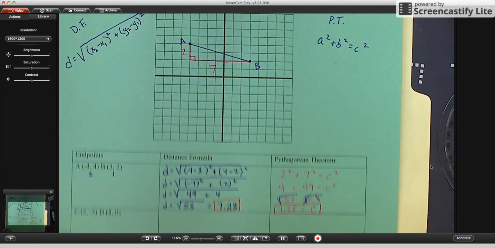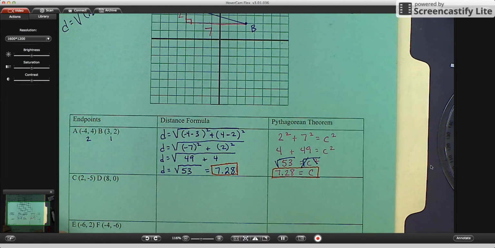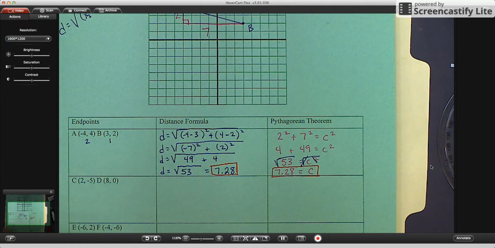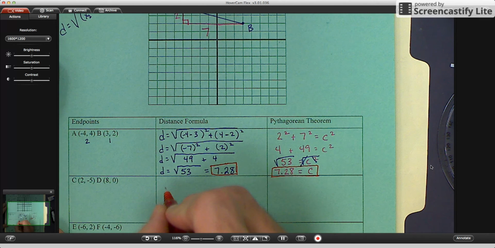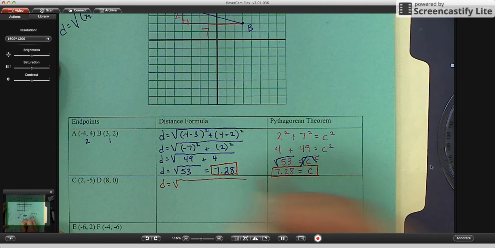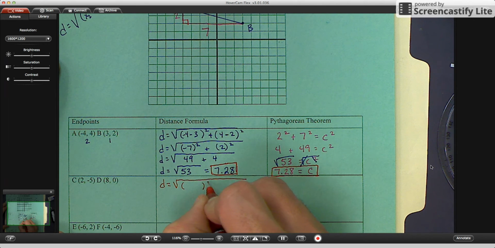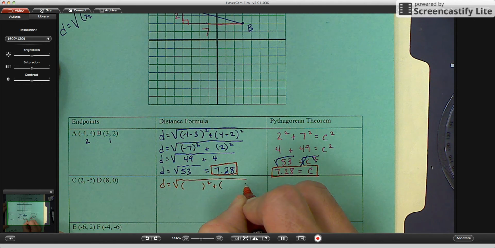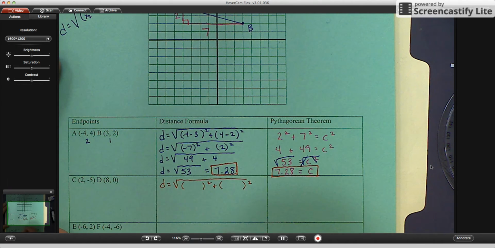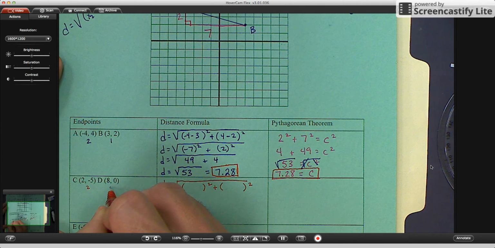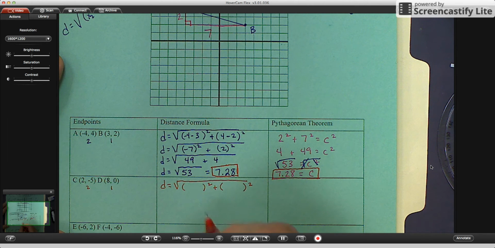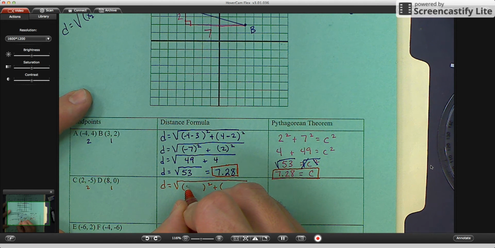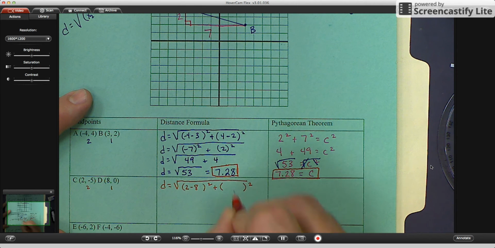Let's move on to our second example, line CD, and let's do the distance formula first. d is equal to the square root of squared plus squared. And then we have our second point and our first point. Doesn't really matter which one you pick. And we'll go x's first. So 2 minus 8 there.